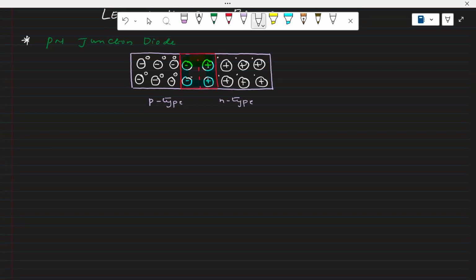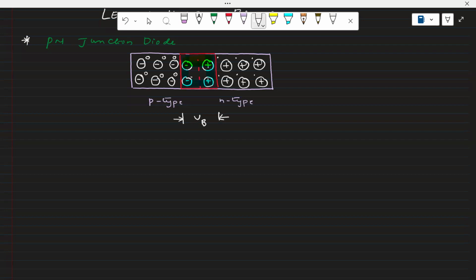The moment the free carrier is not available, the atom becomes an ion. On the left hand side, it is a negative ion. On the right hand side, it is a positive ion. So definitely there is some built-in potential that exists here. This built-in potential we can call VB, for example. What is the built-in potential formula?